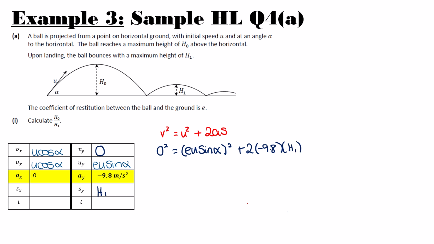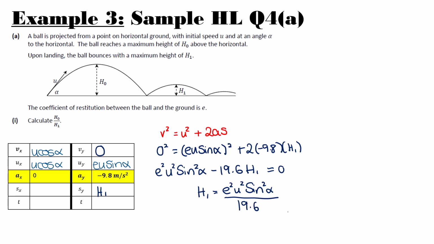That gives us e squared u squared sine squared alpha minus 19.6 H1 equals 0. So H1 is going to be e squared u squared sine squared alpha all over 19.6, or if you're working in terms of g, that's going to be 2g.